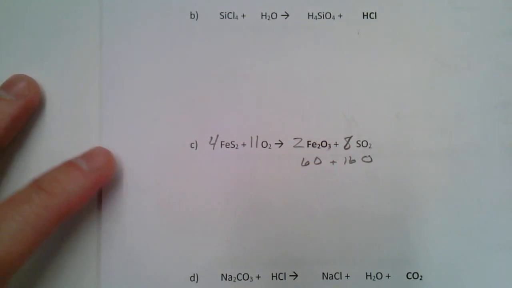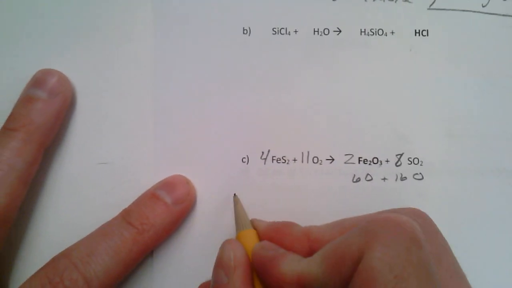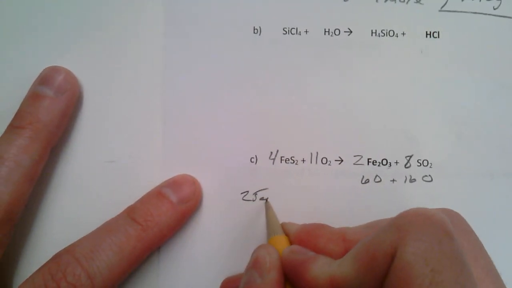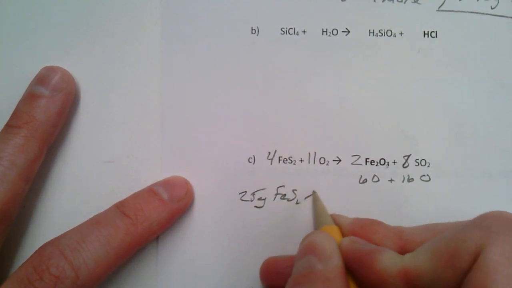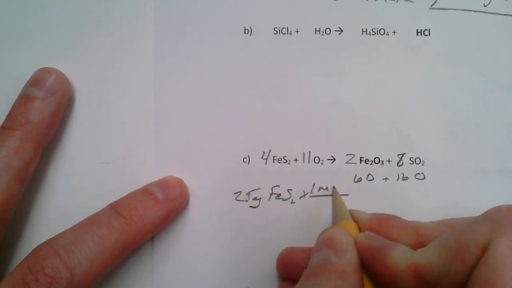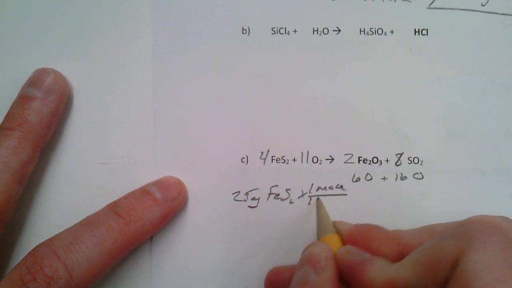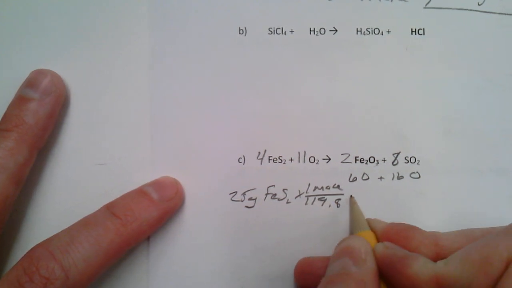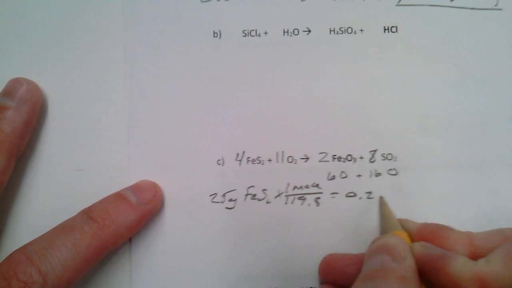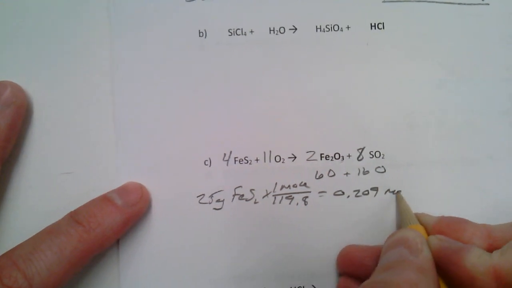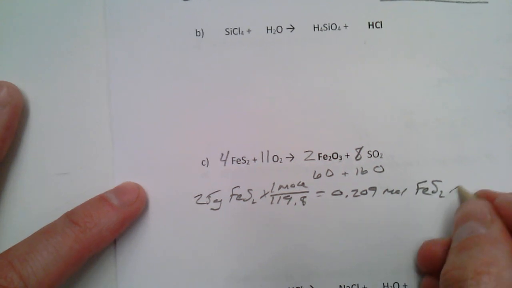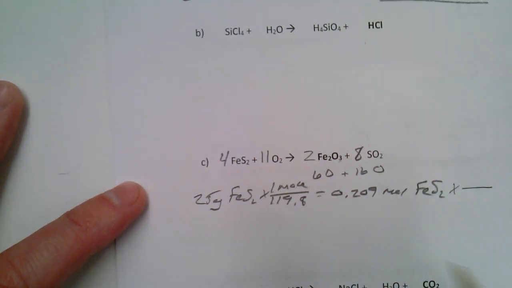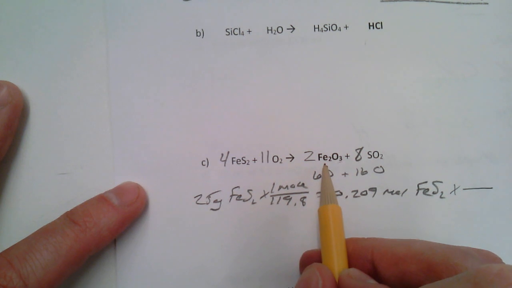Alright, now I'm going to do the same thing I did up there. I'm going to turn my 25 grams of FeS2 into moles. Get on the periodic table, you'll see that weighs 119.8 and gives you 0.209 moles of FeS2, which we then need to convert to the bold one, which is the Fe2O3.